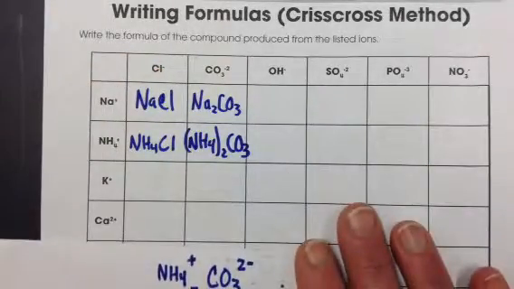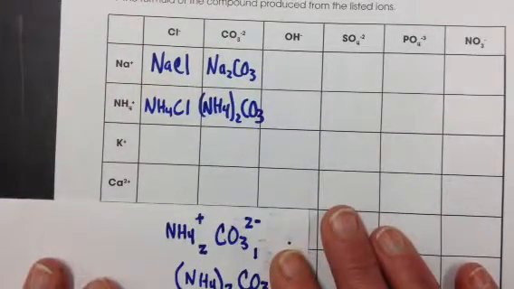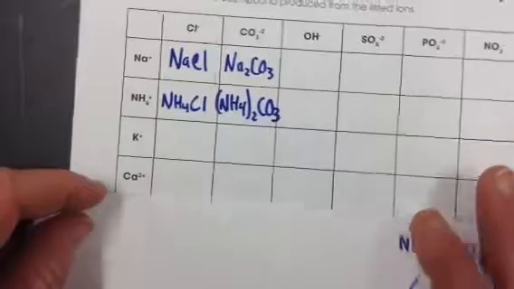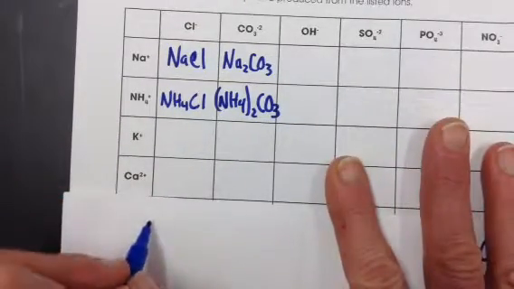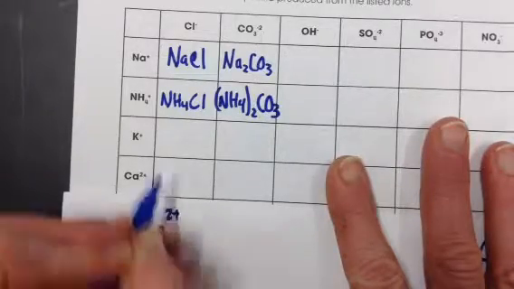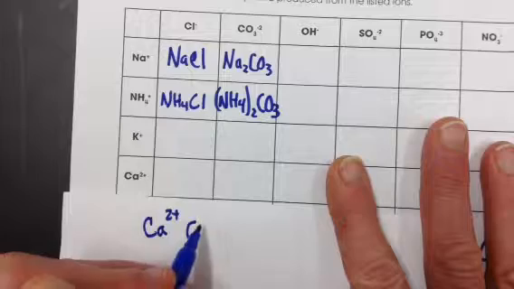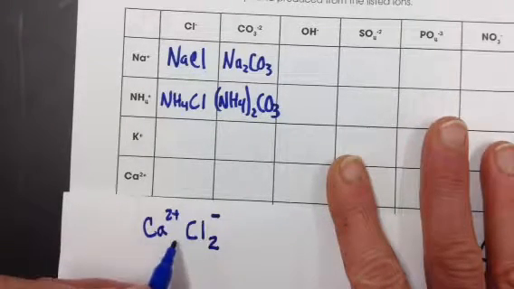Okay, let's do an easier looking one. Let's try calcium chloride. You start with writing calcium, Ca 2 plus, our chlorine, Cl minus. We swap, bring down the 2, bring down the 1.